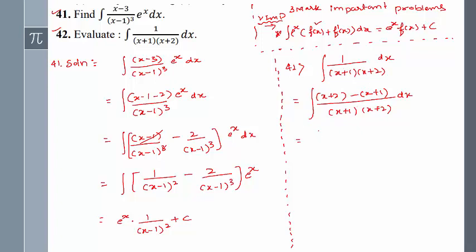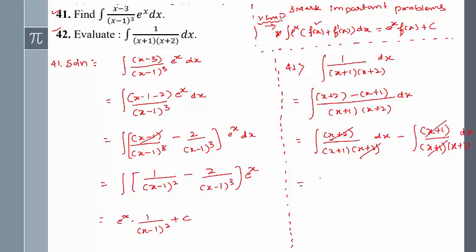So now you can write it as the integration of x plus 2 divided by x plus 1 into x plus 2 with respect to dx minus the integration of x plus 1 divided by x plus 1 into x plus 2 with respect to dx. x plus 2 and x plus 2, x plus 1 and x plus 1 will get cancelled.